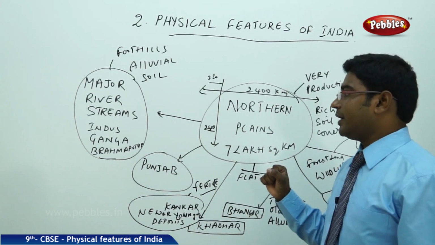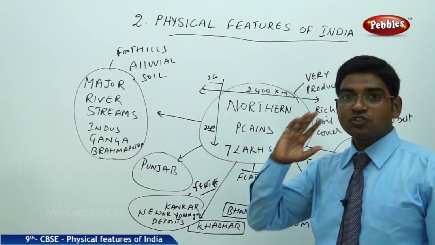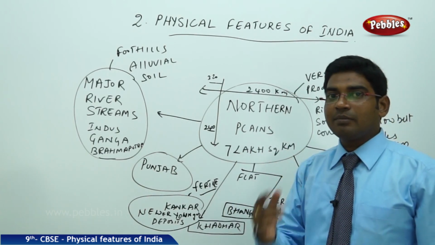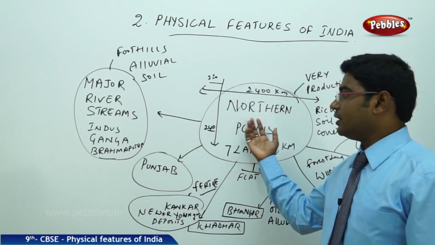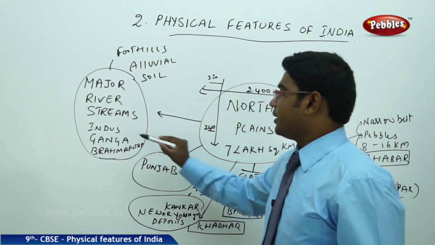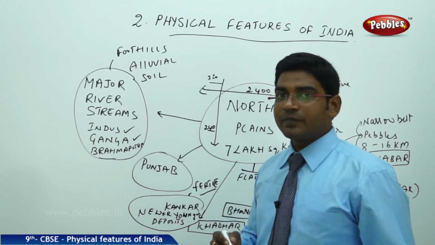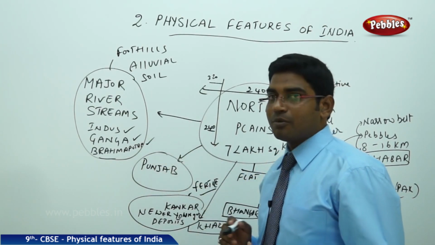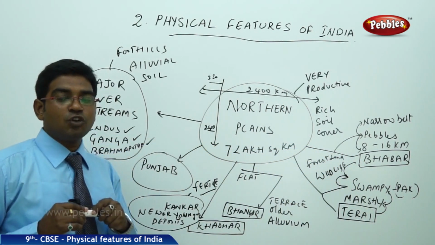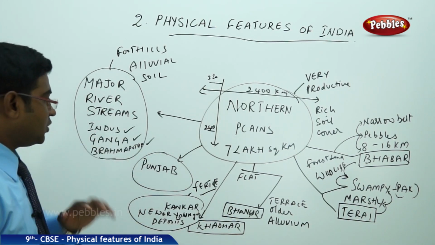So in the northern plains, the first major part is the major river streams present here because they originate in the Himalayas and pass through the plain lands. First one is the river Indus, the second one river Ganga, the third one river Brahmaputra. These three are the major river streams which flow through our country and the northern plains region.